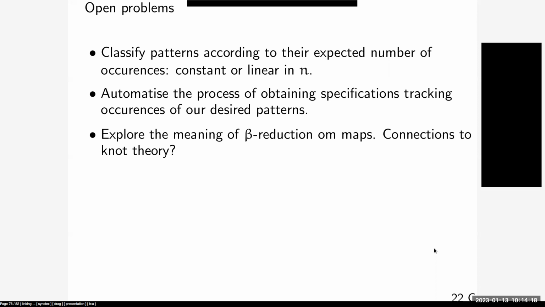I didn't find anything logarithmic yet. So that would be an interesting thing to try, to see if there are any other possible behaviors, or if not, to try to prove that the two possible behaviors are either constant or linear.